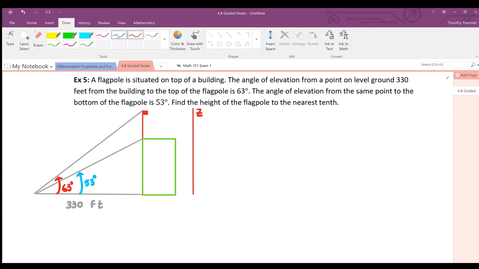And there's another one, right? We also have this length here that we should be able to find. And maybe let's call that one Y. There we go.